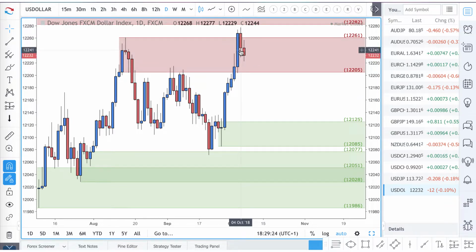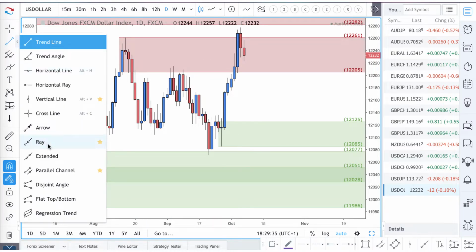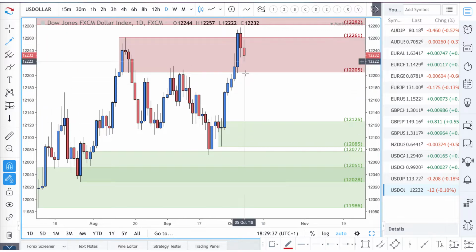We don't know. But if you feel fundamentally and sentiment-wise that this is potentially a sell, what we wouldn't be doing is necessarily selling the Dollar Index.